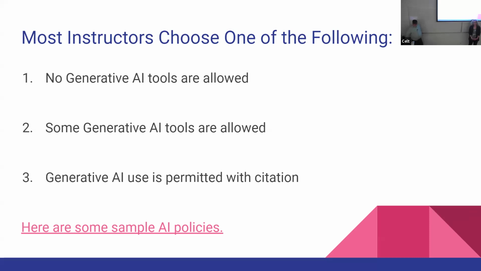One other thing too, Jessica, to circle back to what you mentioned that I also did last fall: if you do decide to permit some use, having students document their process can be really helpful in a lot of ways, including having your students include the exchange they have with ChatGPT or whatever, so that you can see.